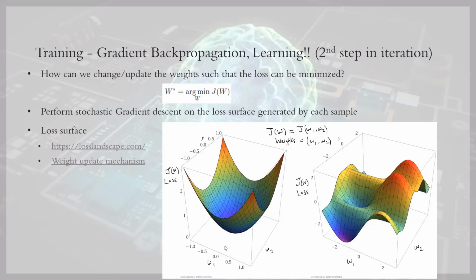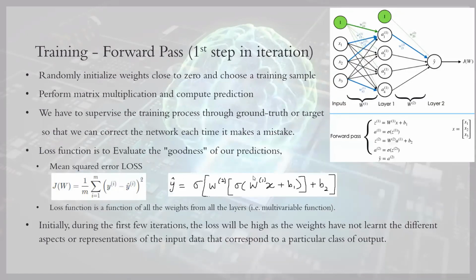Then you have to check what weight it corresponds to at the lowest point. Then you take those values, and that will minimize your loss function. So if you plug the w value inside here, then for any x coming from the data, the predicted y will be very close to your target value, because we know that this J of w is low, so this has to be close to this.